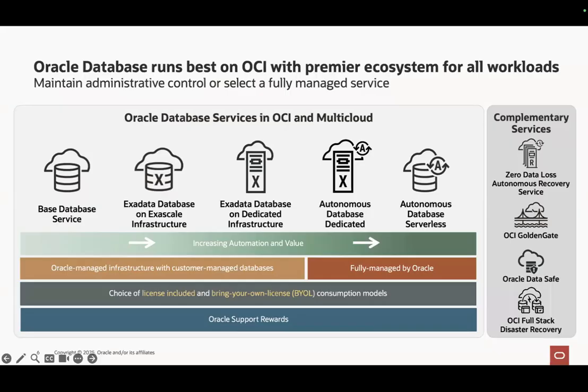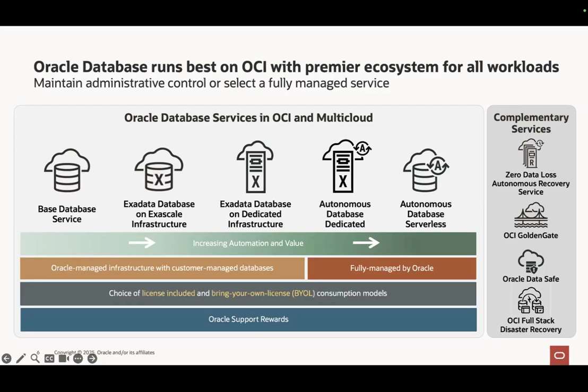And all these database cloud services run the same database software as on-premise with a robust set of cloud automation tools. And then later on in the session, we'll be introducing you to those other OCI management interfaces. And then when you need more scale or performance, you can choose our Exadata database service, which brings the Exadata platform to the public cloud on dedicated infrastructure, or you can also have your Exadata database service on an exascale infrastructure.